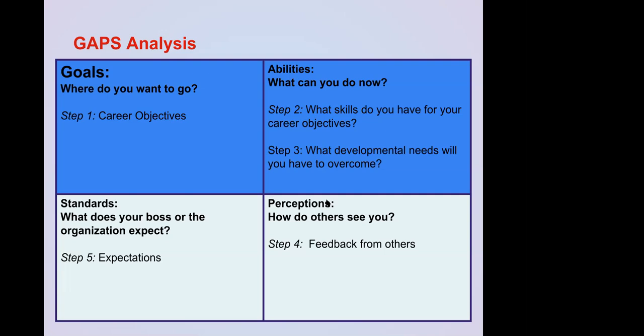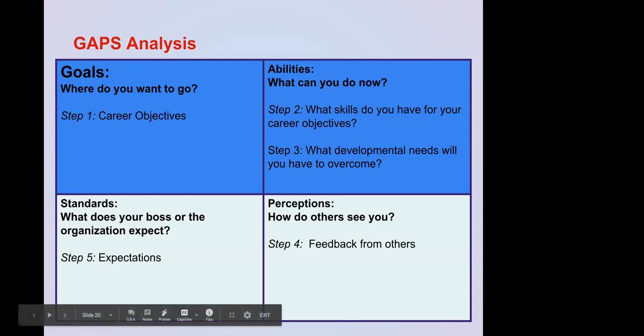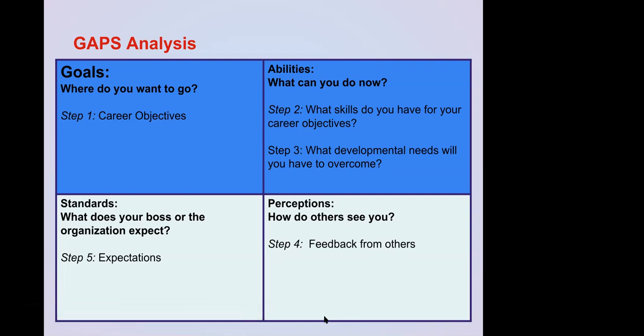What does your organization, what does your direct supervisor actually expect from you? Continuously creating and implementing these gaps analyses can really help you to become an effective leader and to move up quickly in an organization.